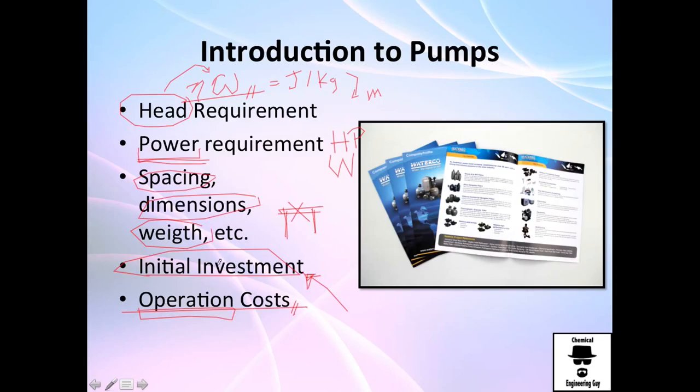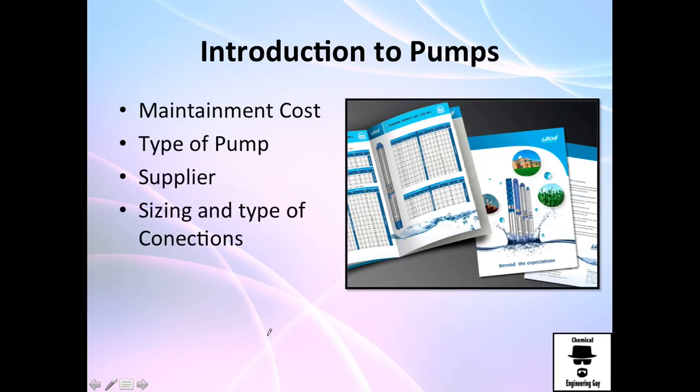For example, maintenance, installing and uninstalling, and maybe pump requirements increase or the efficiency decreases faster with time, and many other criteria will also be important. Maintenance costs, I already told you. Then there is the type of pump you want to use. Many times you want to force, for example, a centrifugal pump, even though it might not be the best pump type to use, but it is the only one you have.